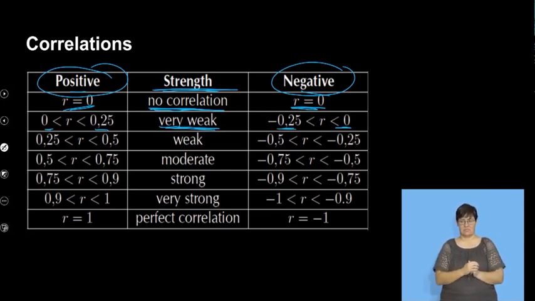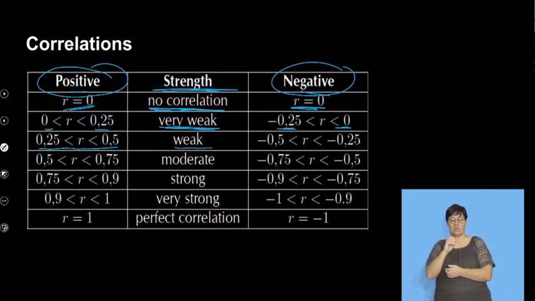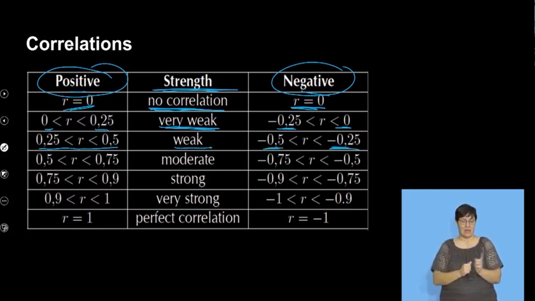And what about 0.25 to 0.5? That is weak. So we have very weak, then weak, and you have positive and negative. That will be negative 0.5 to negative 0.25, weak negative correlation.